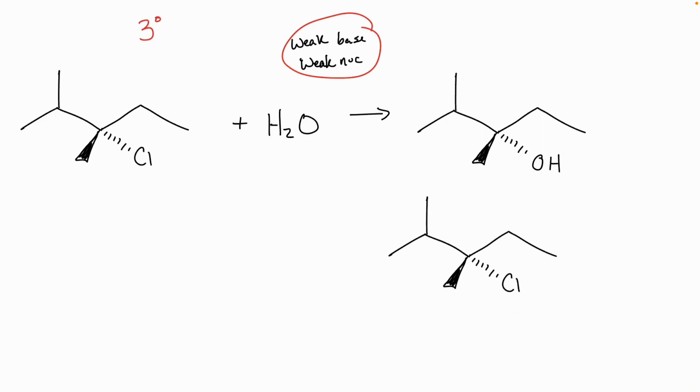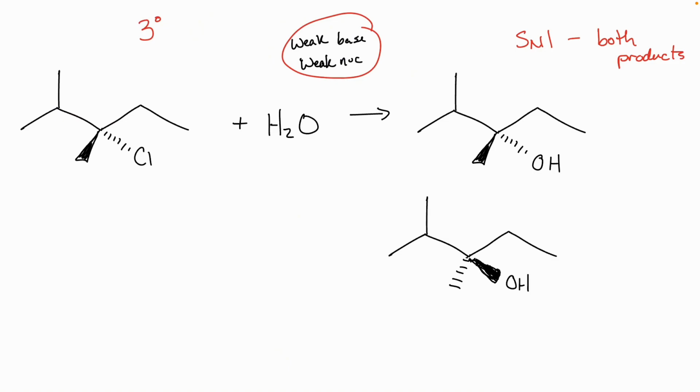But this time I'm again going to swap out my leaving group and my new functional group, but now I'm going to switch my wedge to a dash, and my dash becomes a wedge. Because this is SN1, we need to draw both products. So these are my two substitution products.